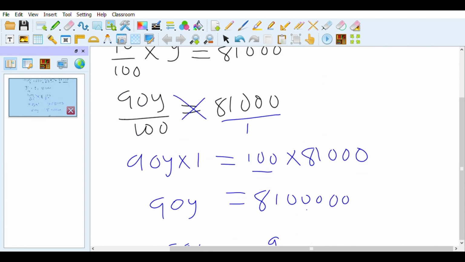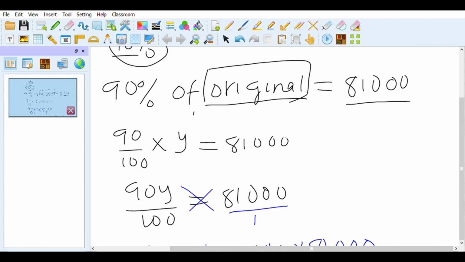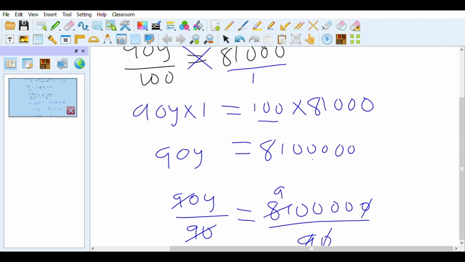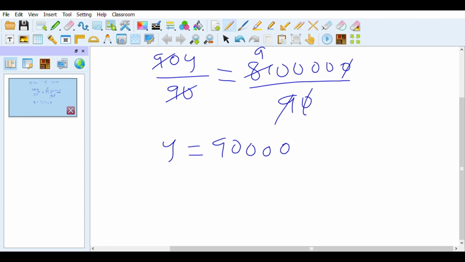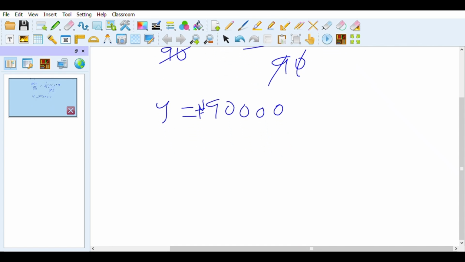Y is the original price, the original price without a discount. So it means that the original price is 90,000 naira. You can confirm: if it's 90,000, take 90% of 90,000, you get exactly 81,000.